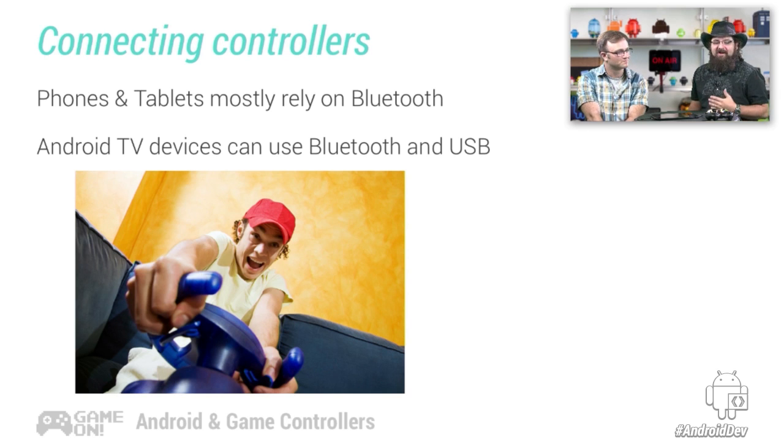But on Android TV devices like Google TV, you can typically plug right into the USB port and take advantage of that, and you can leverage Bluetooth. So I think I'm kind of recommending Bluetooth here, but you shouldn't feel that you're limited to only using Bluetooth, especially if you want to target a living room console style gameplay for your users.